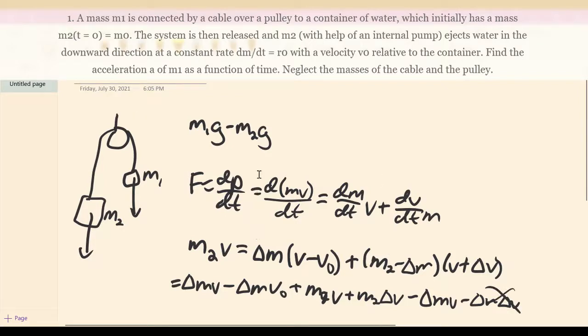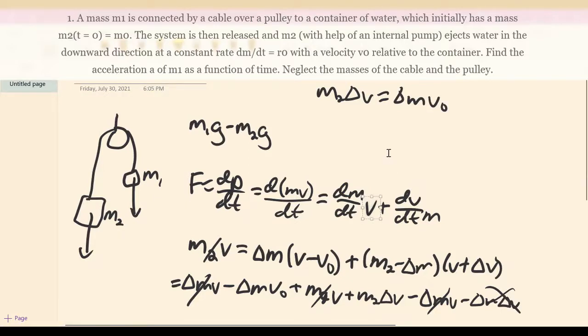Now some of these terms will cancel out, and m2v and m2v cancel. So then we get that m2 times delta v is equal to delta m times v0.